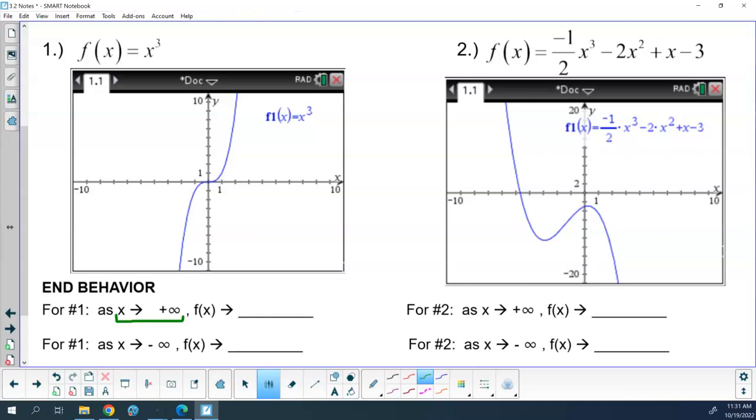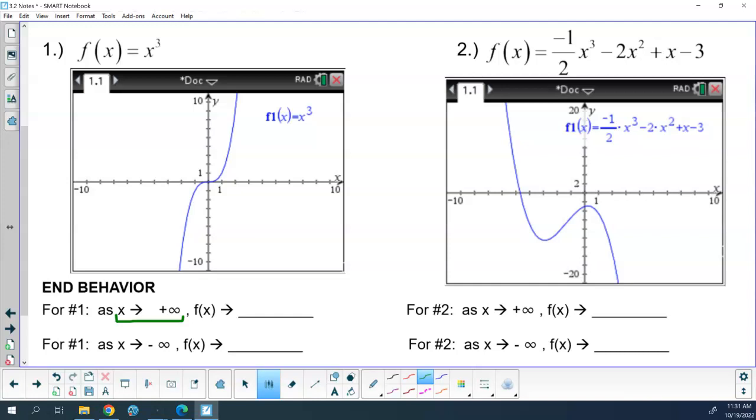It's either headed straight up, and we would call that heading towards positive infinity. It could be headed straight down, if it's headed to negative infinity. Or later on, when we get into rational functions in December, it could be approaching a number.